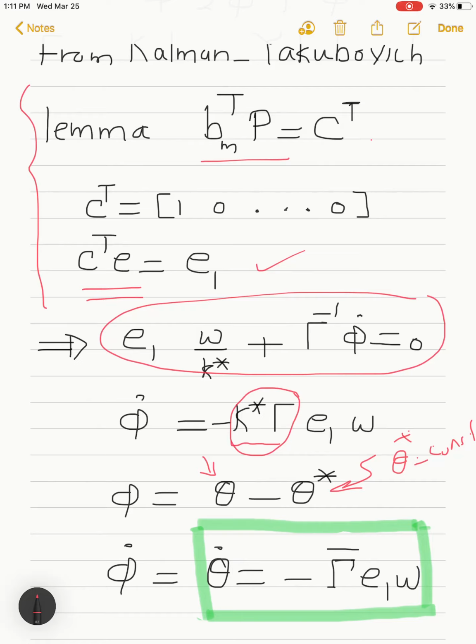Of course, in that case, I have to know the sign of K star, and that implies that I should actually know the sign of the original system gain.